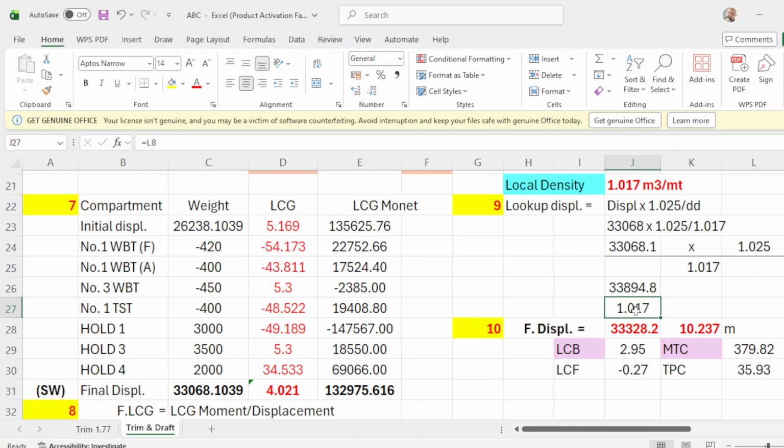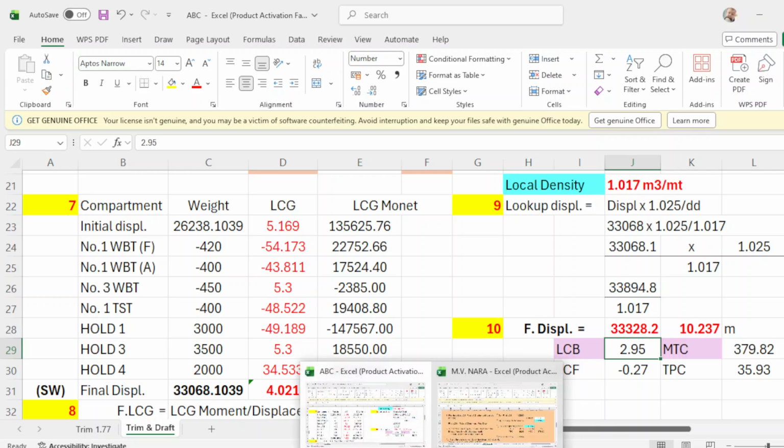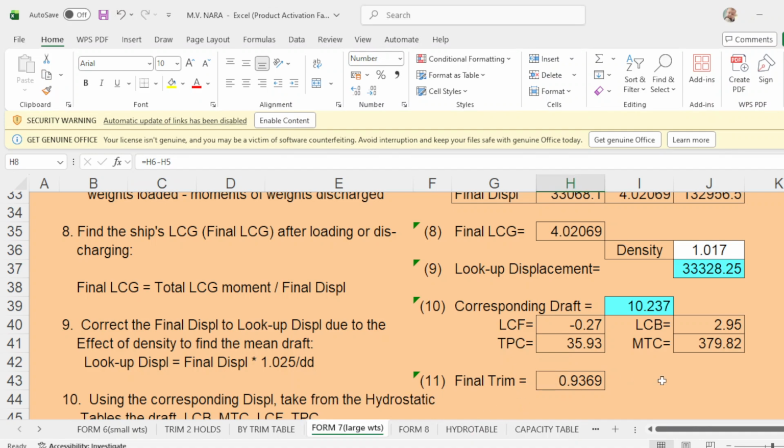Divided by your local density, equals, click this one, divide by your local density, and that will be 33328.25. And the corresponding drop with this one is 10.23.